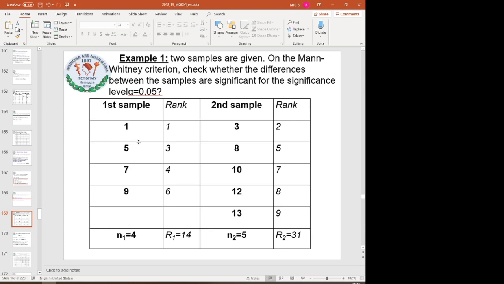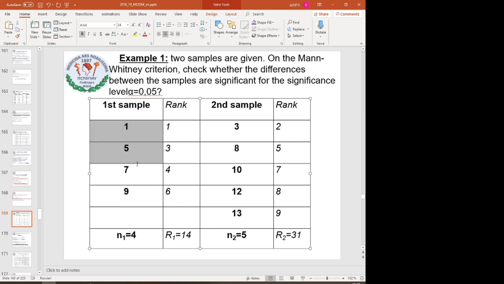Let's look at the example. Using the Mann-Whitney criterion, check whether differences between the samples are significant for the significance level 0.05. This is a very small study.